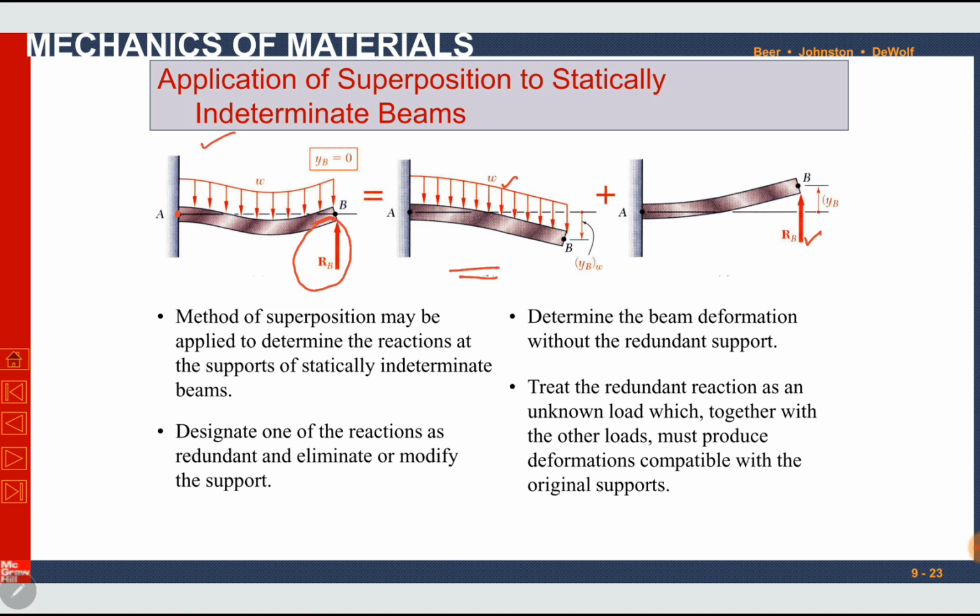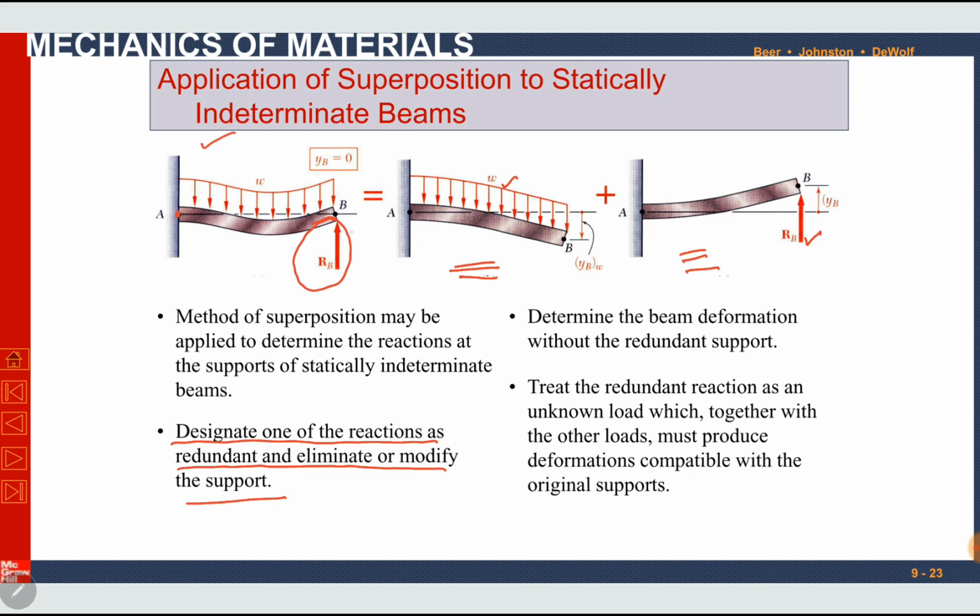So the net sum of deformation or net sum of slope of these two cases will be equal to the given deformation or slope of the given beam. By simplifying it, the method of superposition may be applied to determine the reaction at the support of statically indeterminate beams.